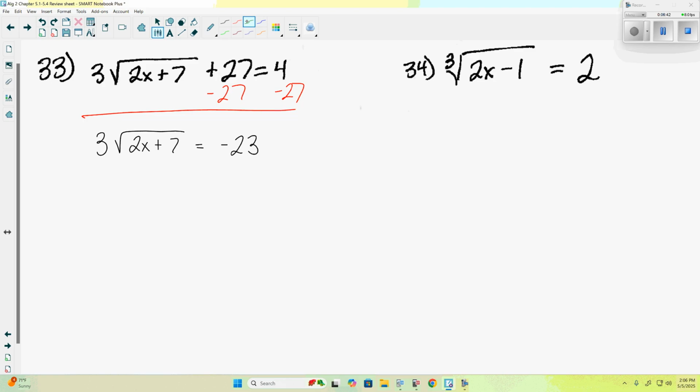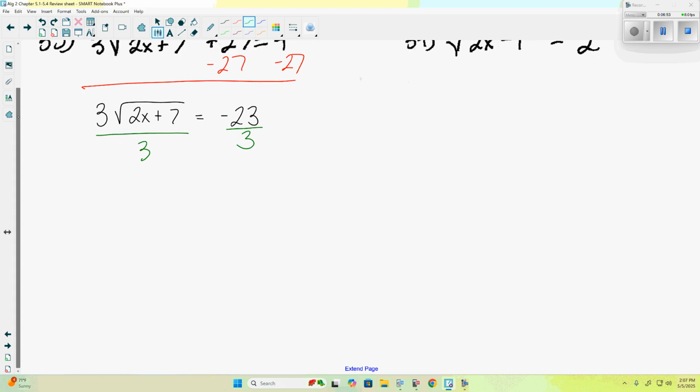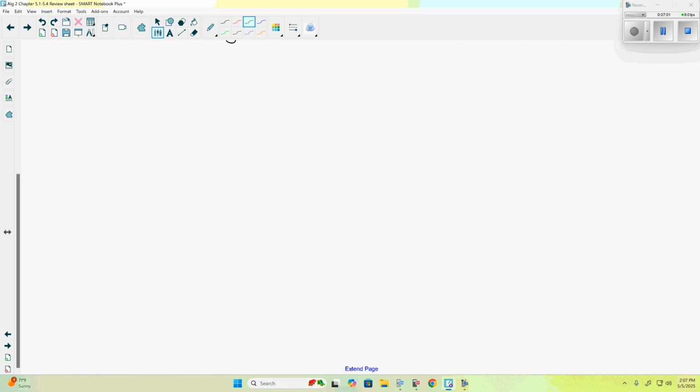Is the radical by itself? We've got to divide by 3, which will tell us that the square root of 2x plus 7 is equal to negative 23 over 3.